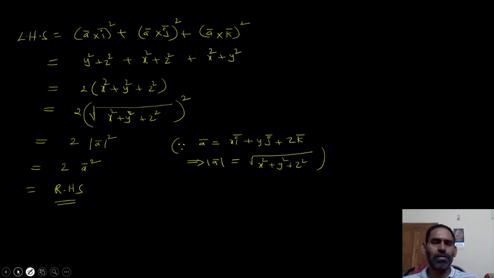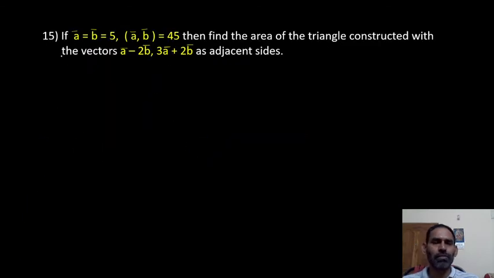Next one will be question number 15. If a bar, b bar, this is actually mod a bar equals mod b bar equals 5 magnitudes given, and also the angle between a bar, b bar is 45 degrees.